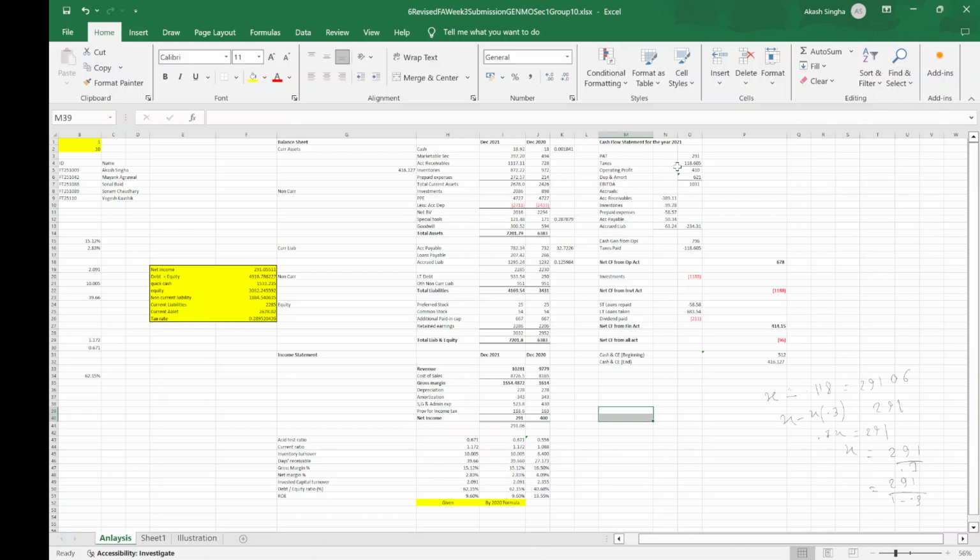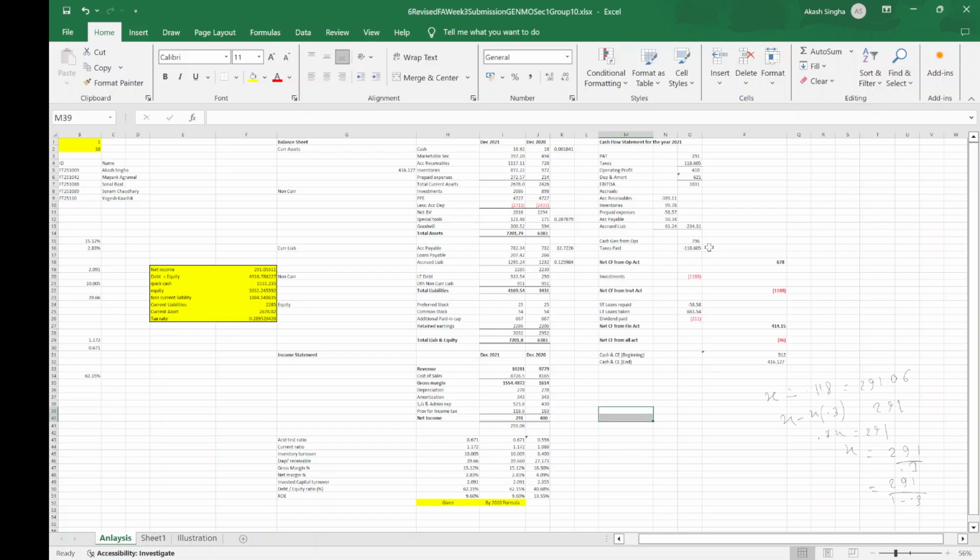Then for the cash flow, we have PAT, then taxes. Just write it down. Operating profit you will get, then depreciation and amortization. Just add this up and you'll get EBITDA. Accruals: you can just write the changes for accounts receivable and everything.